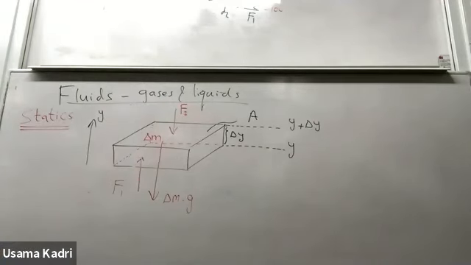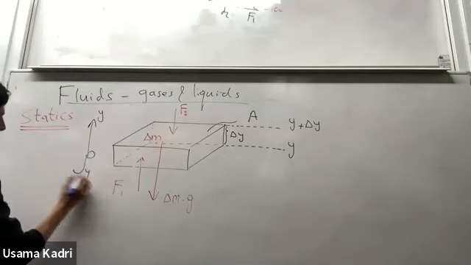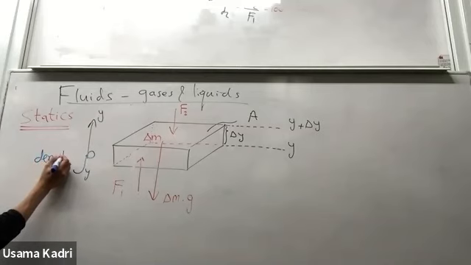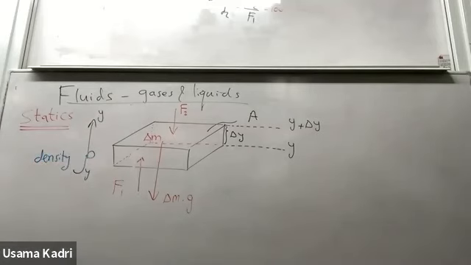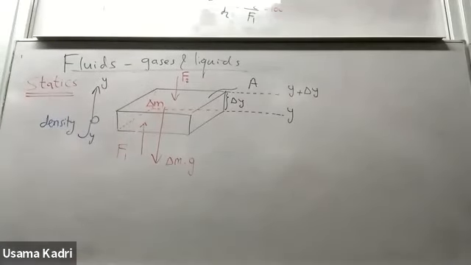The density of the object, which can be a function of y. So the density, this is the density, it can be a function of y. Is known. We know that the mass, we can express it in terms of the density.